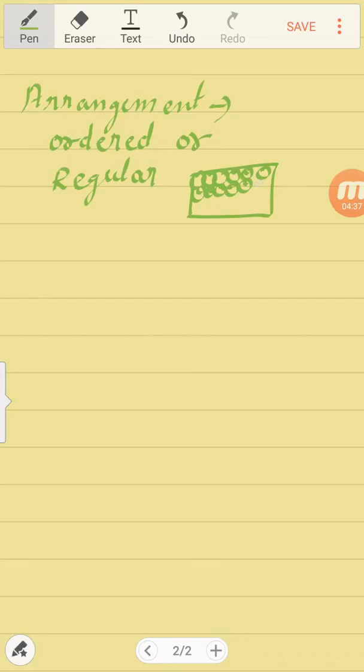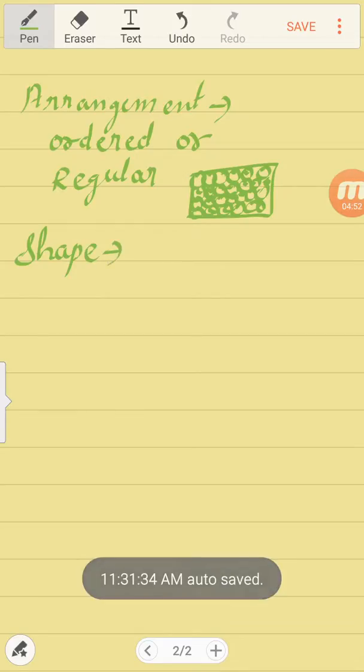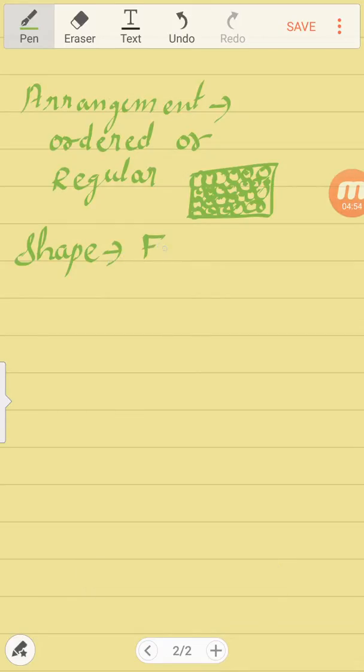This is a regular arrangement in order. Okay, and what about the shape? It is fixed shape, and fixed volume.